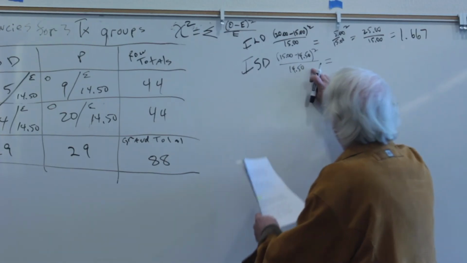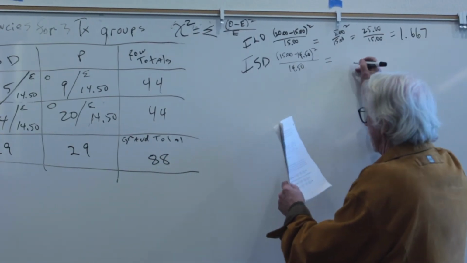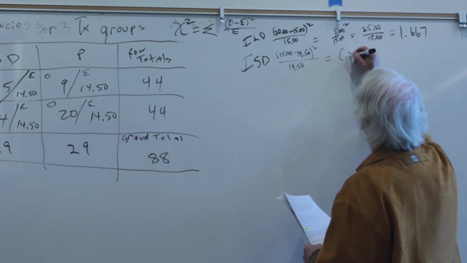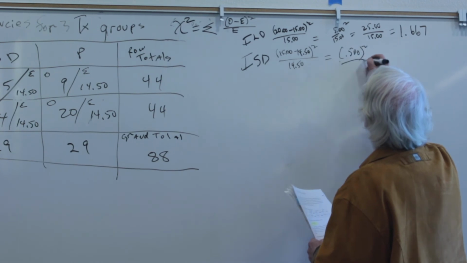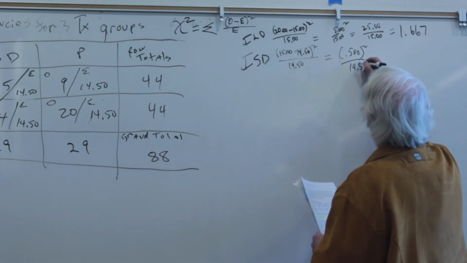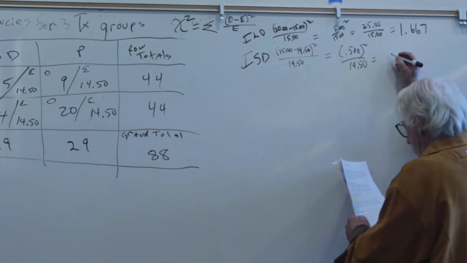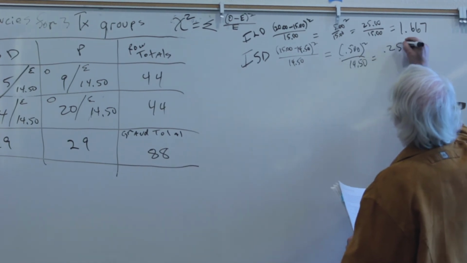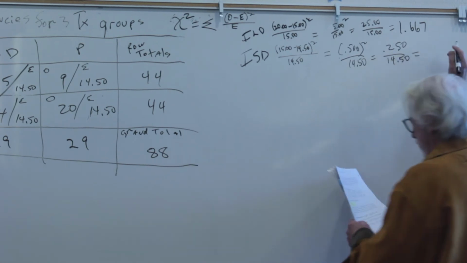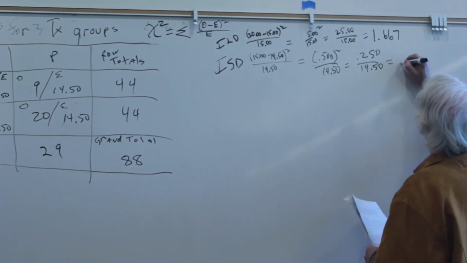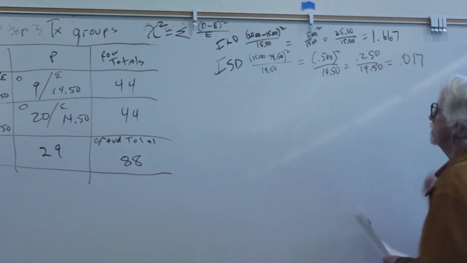So this is equal to 15 minus 14.5, so it's 0.50 now, squared over 14.50, which is equal to 0.250 over 14.50, which is equal to 0.017.